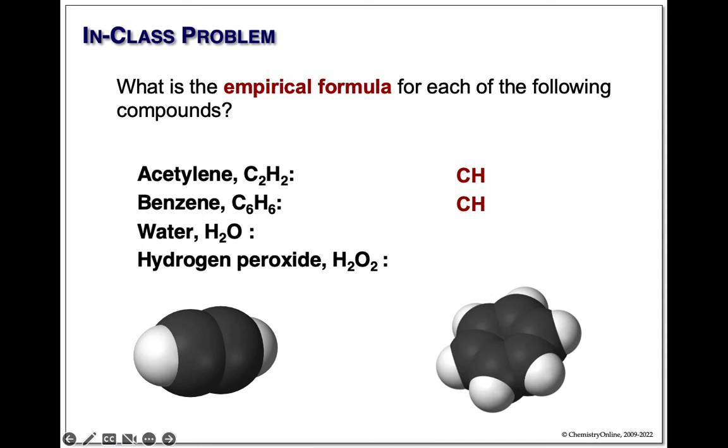Here are our double and single bonds and our hydrogens around the rim. For water, H2O, lowest whole number ratio, H2O. And hydrogen peroxide, H2O2. Empirical formula is simply OH.